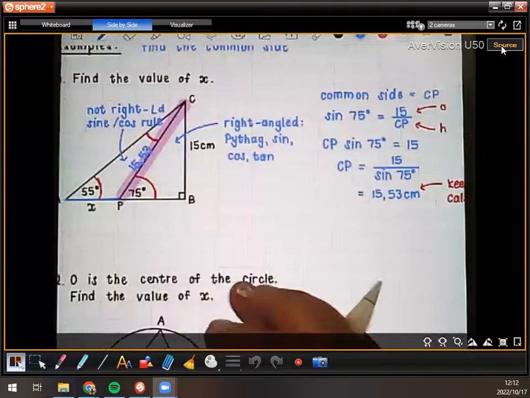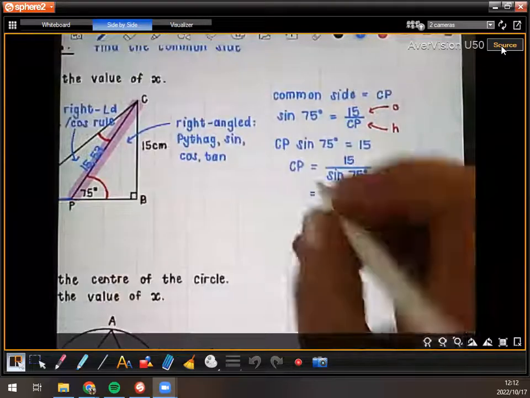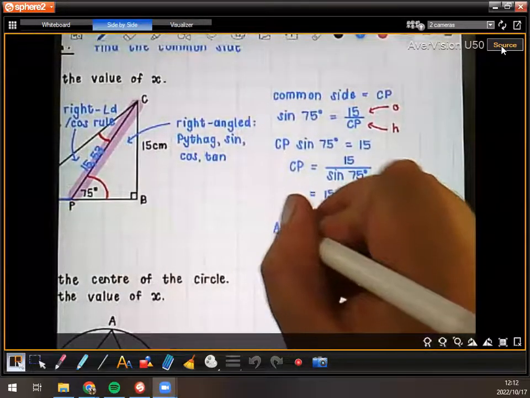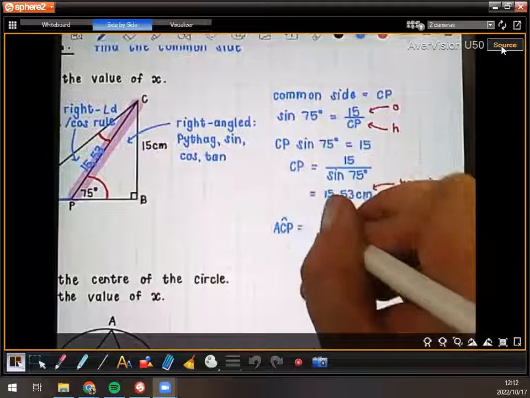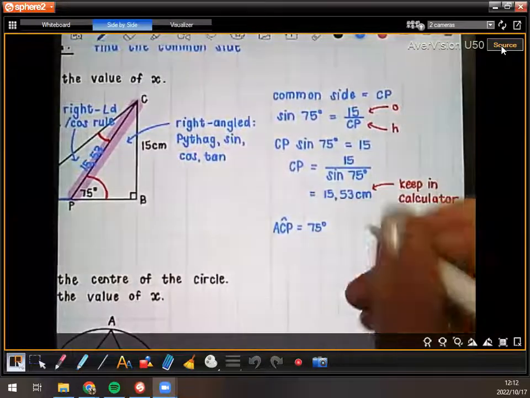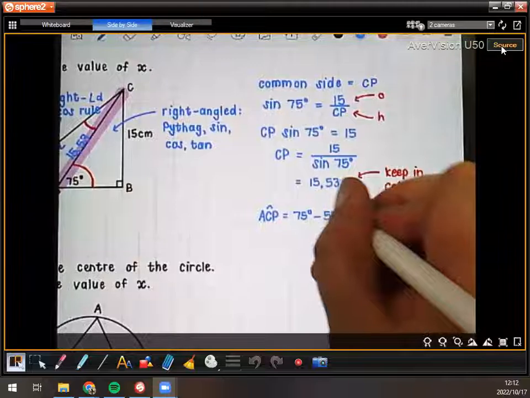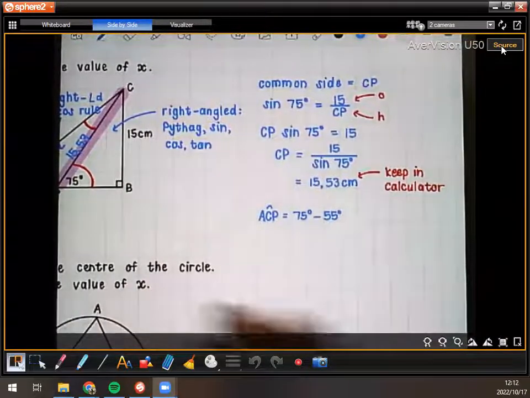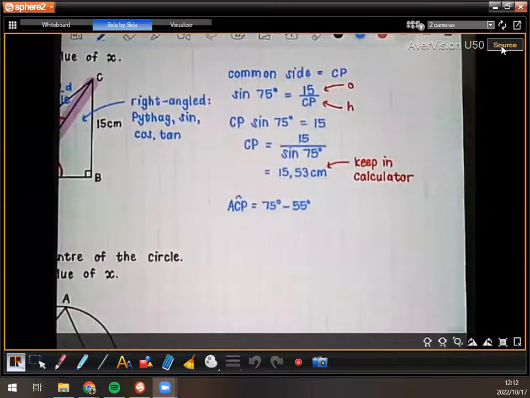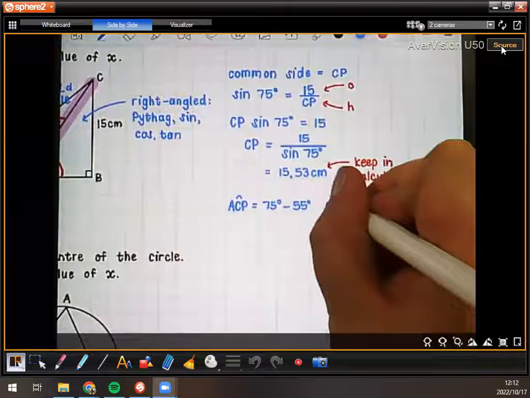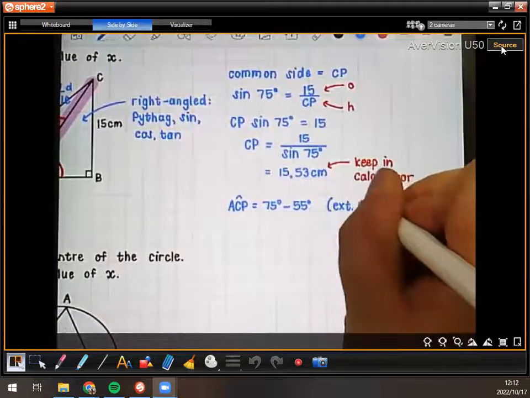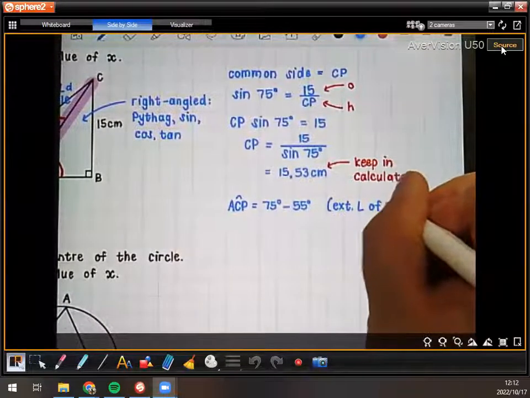All right, so I'm just going to write here, angle ACP is equal to 75 degrees, which is that exterior angle, minus 55 degrees, which is the one interior angle that we have. And my reason for that is exterior angle of triangle.